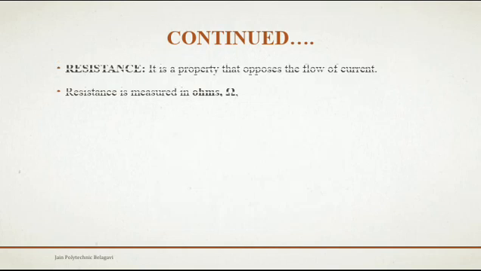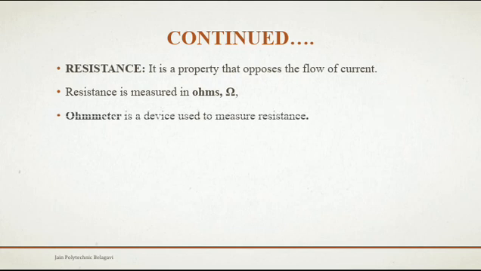The next definition we are going to discuss is resistance. Resistance is a property of a material which opposes the flow of current. Resistance is measured in ohms. An ohmmeter is a device used to measure the resistance.